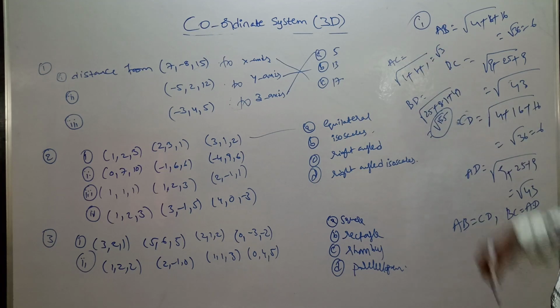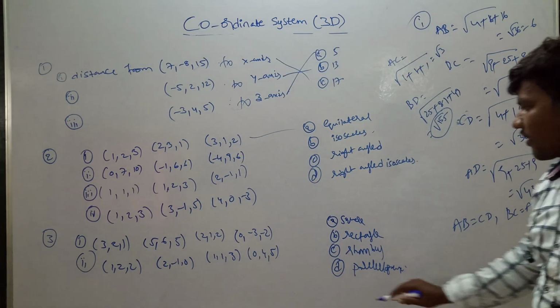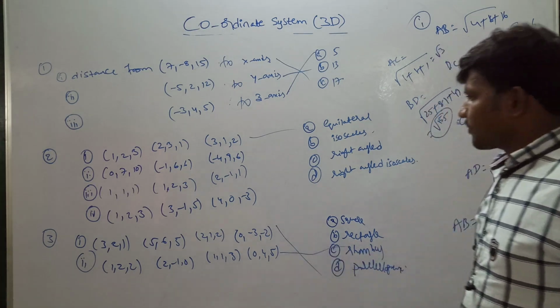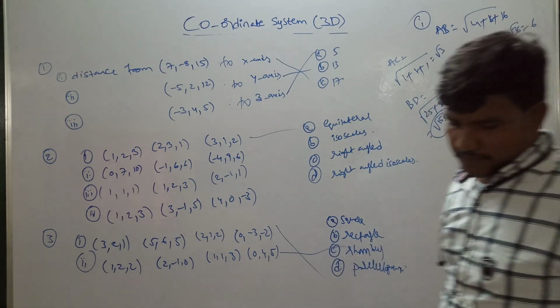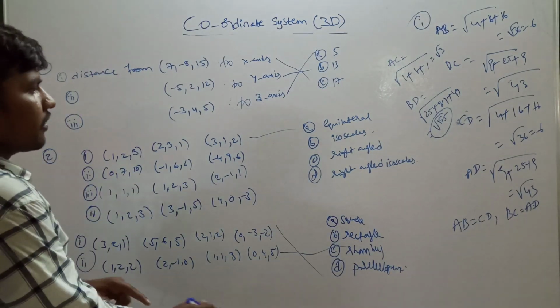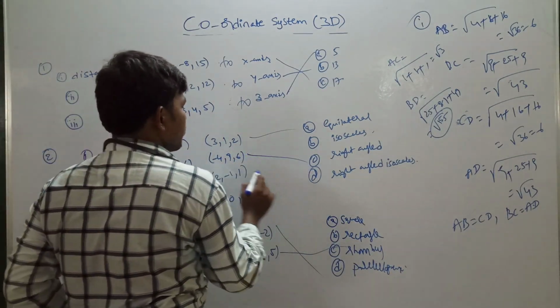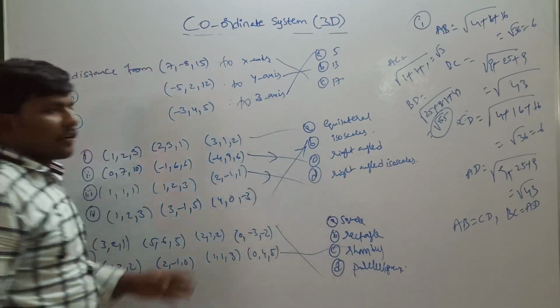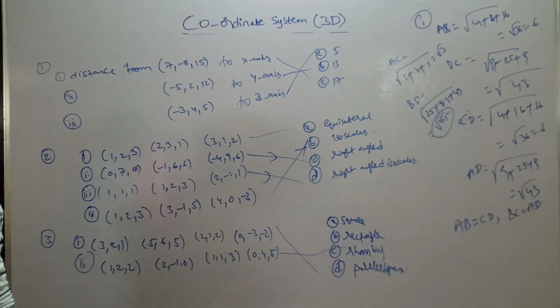So AC not equal to BD, so it is a parallelogram. Next we take it is a rhombus. Try to check and compare the solutions.